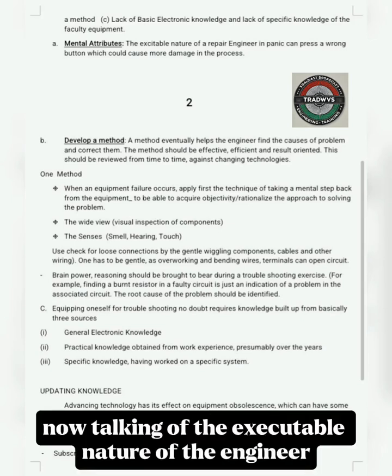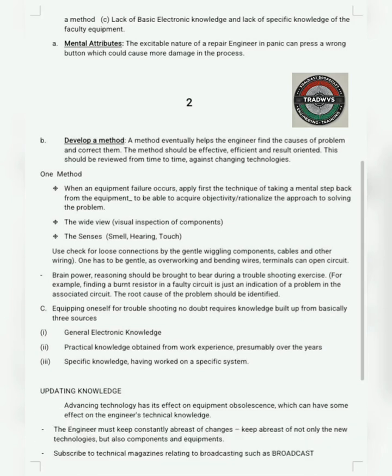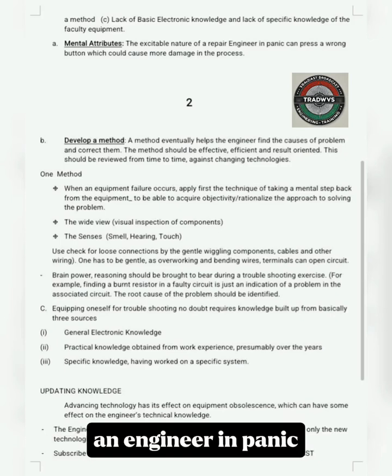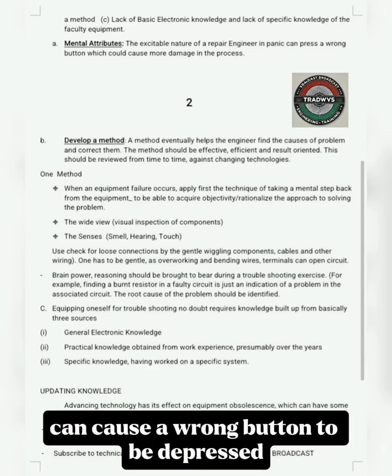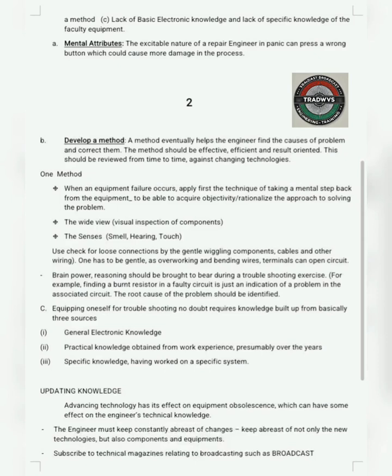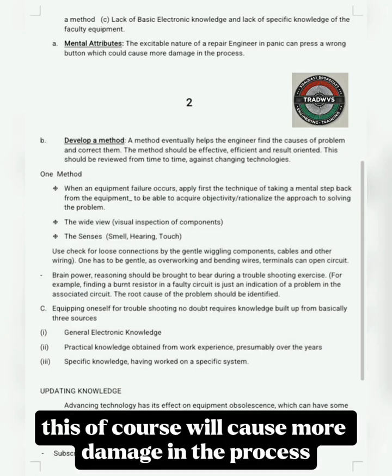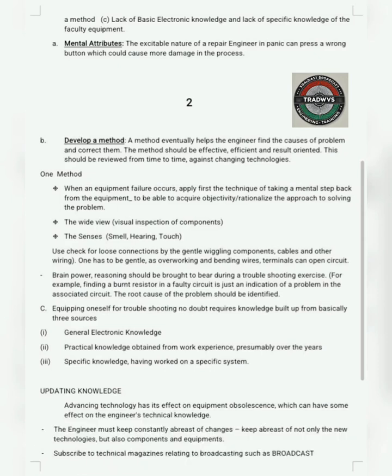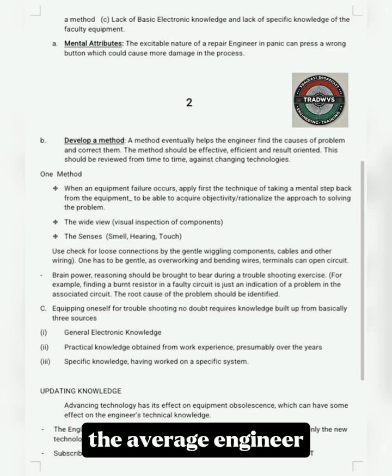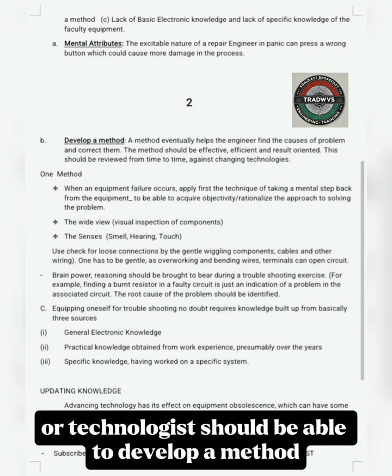Now, talking of the excitable nature of the engineer, an engineer in panic can cause a wrong button to be depressed under pressure. This, of course, will cause more damage in the process. The average engineer or technologist should be able to develop a method.